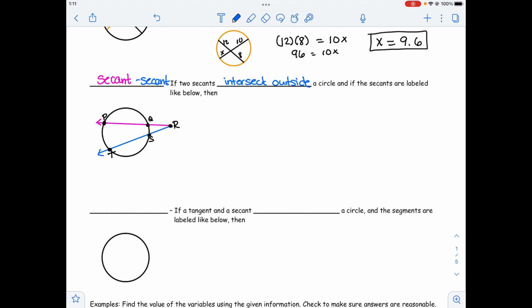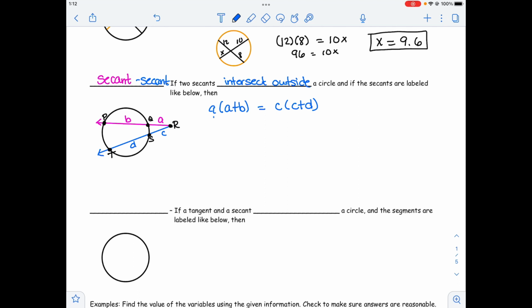So we're going to have A, the little outside piece, and B. And we have C and D, and notice that all my points are labeled with big letters. The relationship is A times A plus B equals C times C plus D. So think part whole.